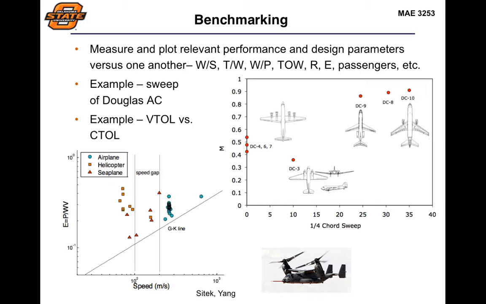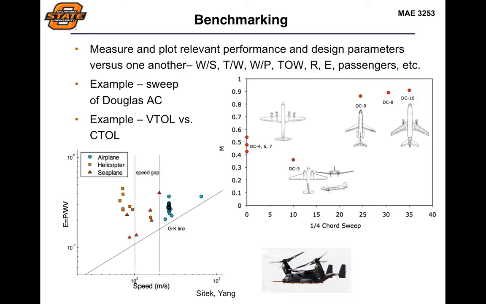So benchmarking in part is trying to intuitively think about some of these design drivers and look at some of our performance parameters. So an example is the sweep of Douglas aircraft. Now we start off obviously with the DC-3, then we go to the DC-4, 6, 7, 8, 9, and 10. Now what you'll notice is our propeller-driven aircraft with a DC-3 through 7 all had moderate sweep and relatively low Mach numbers, so ranging from 0.35 up to about 0.53.